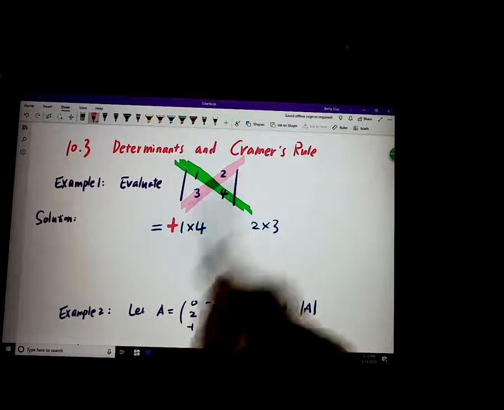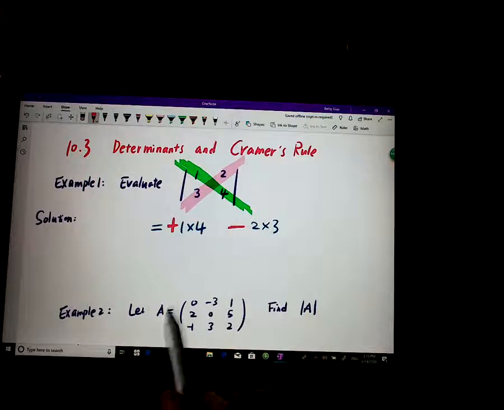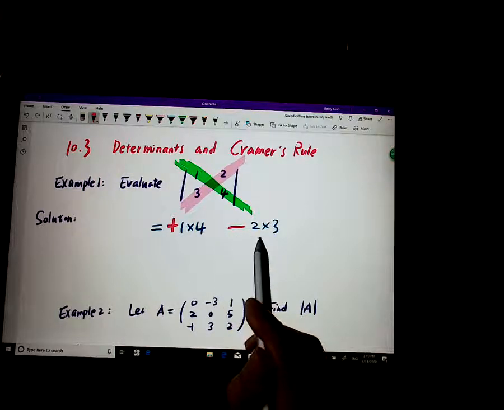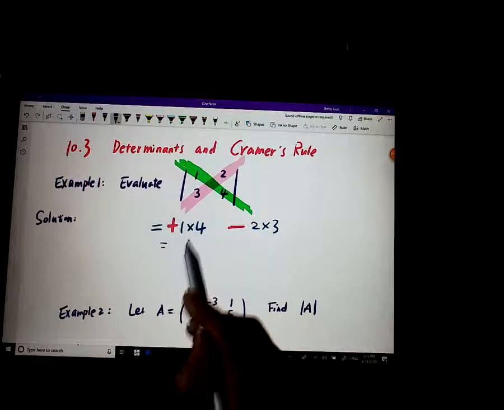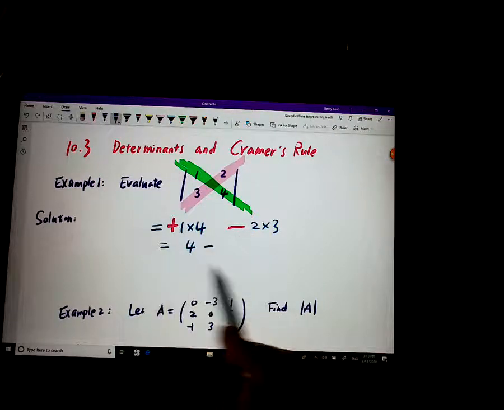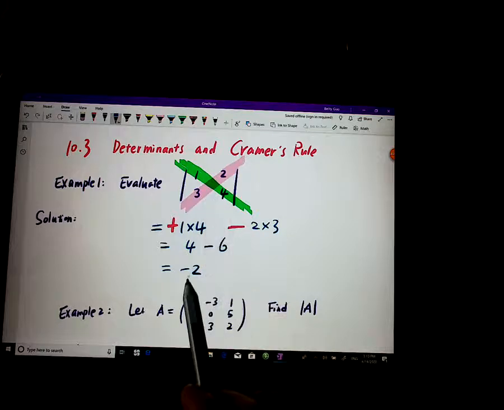For the vice diagonal, we're going to put a negative sign in front of it. Then we would have 1 times 4, which is 4, minus 2 times 3, which is 6. The value of the 2 by 2 determinant is negative 2.